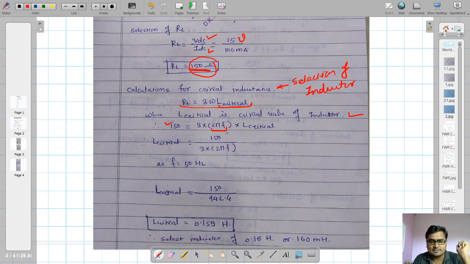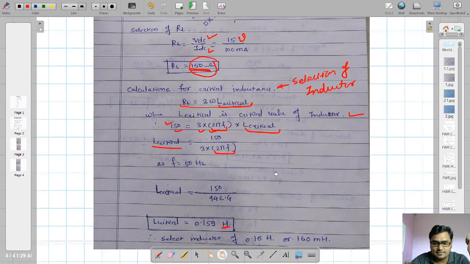F is line frequency, that is 50 hertz. Multiply by L critical. Now this is known, this is known, this is known. Then it is possible for us to calculate L critical. 150 divided by 3 omega, that is 2 pi f. Frequency is 50 hertz. I am calculating 150 divided by 942 and then I am getting 0.159 Henry.